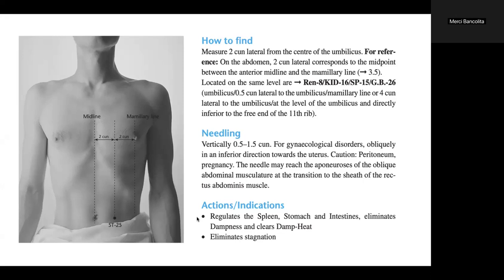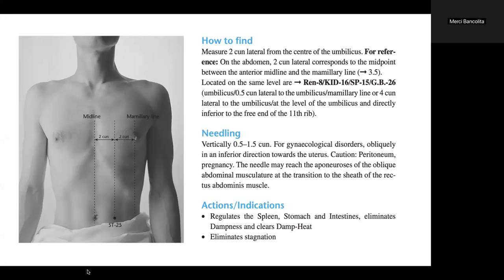Located on the same level are Ren 8, Kidney 16, Spleen 15, Gallbladder 26, and the umbilicus, 0.5 cun lateral to the umbilicus, the mammillary line, or 4 cun lateral to the umbilicus at the level of the umbilicus and directly inferior to the free end of the 11th rib.